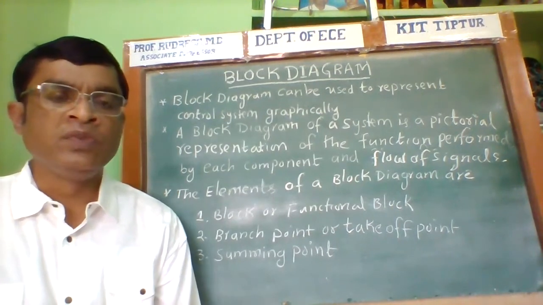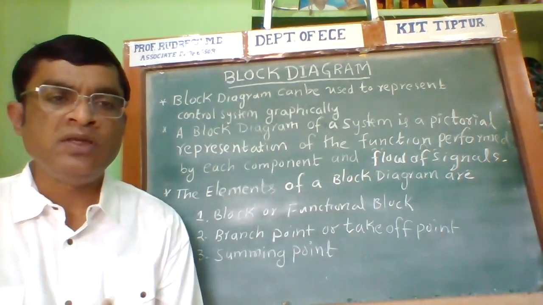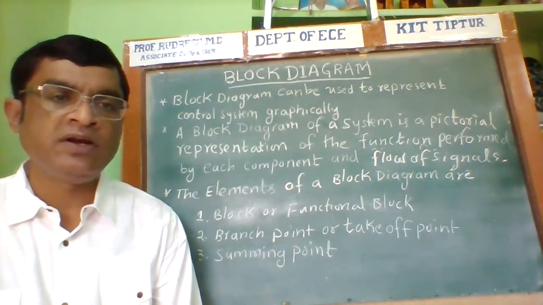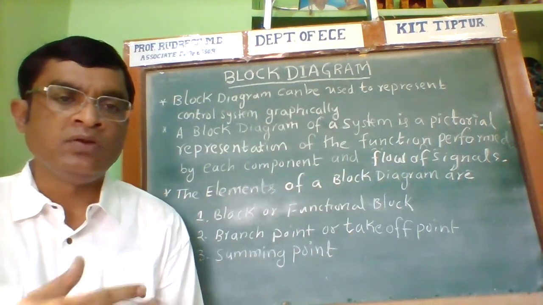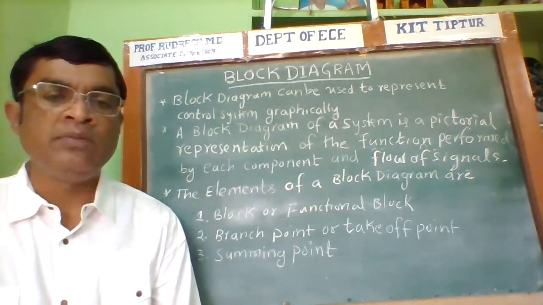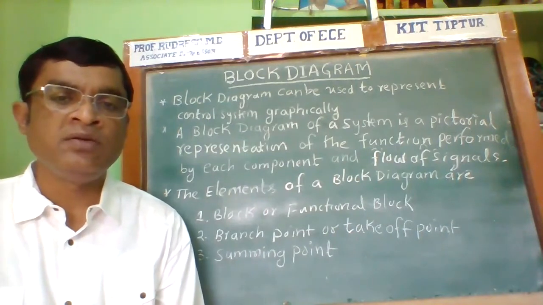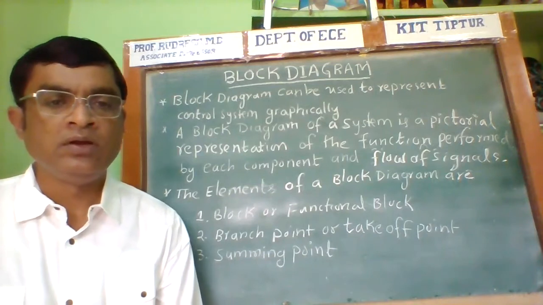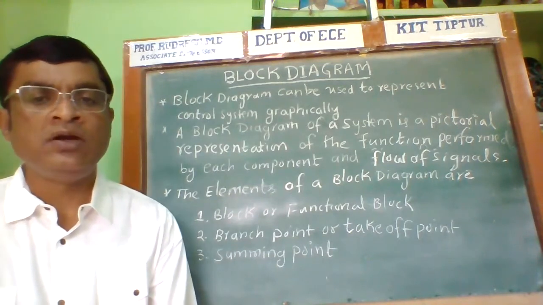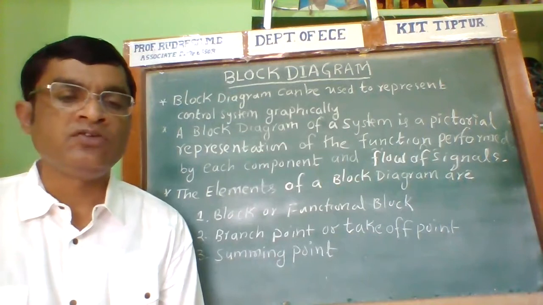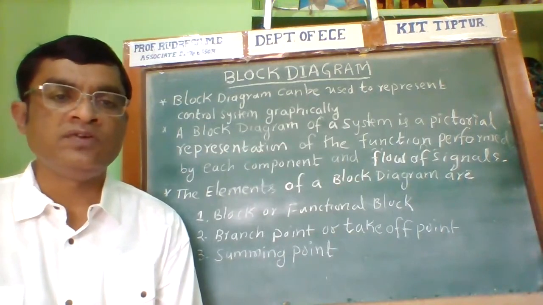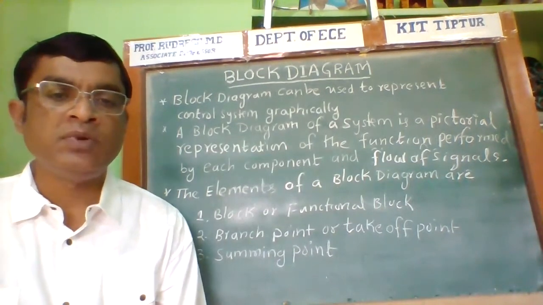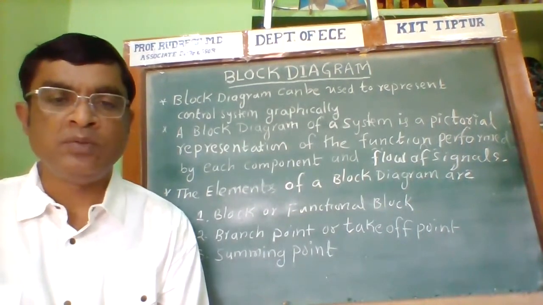Now we shall see the important elements used for constructing the block diagram: the block or functional block, the branch point or take-off point, and the summing point. Now we shall see what is meant by the block, the branch point and the summing point.